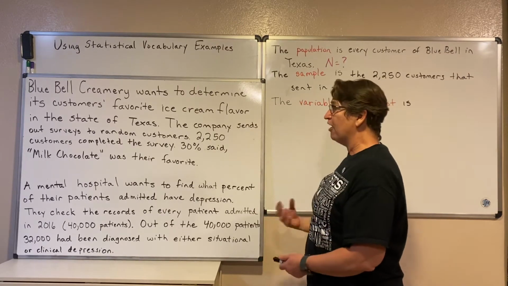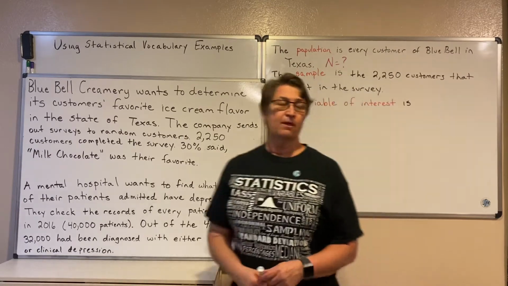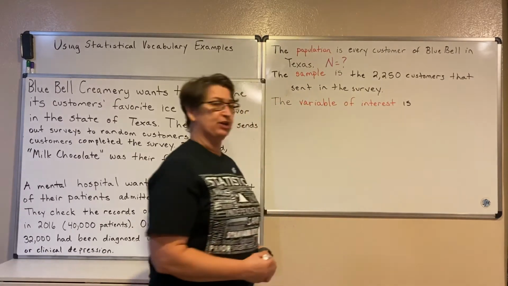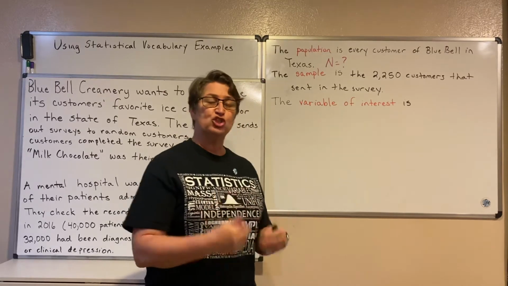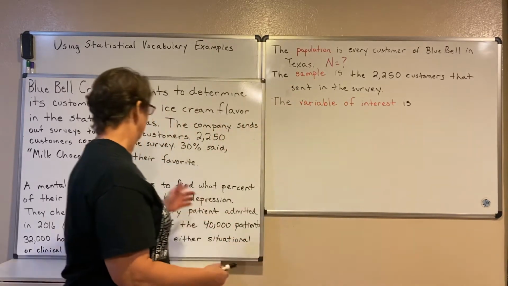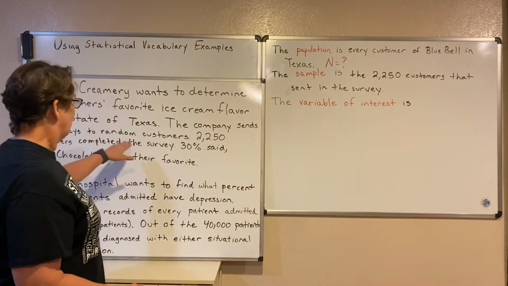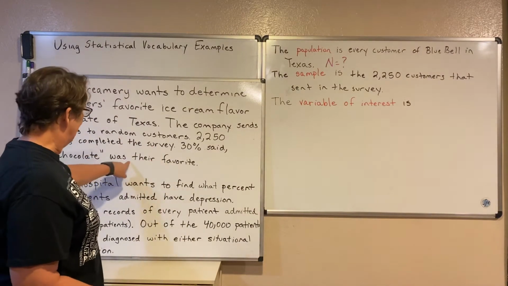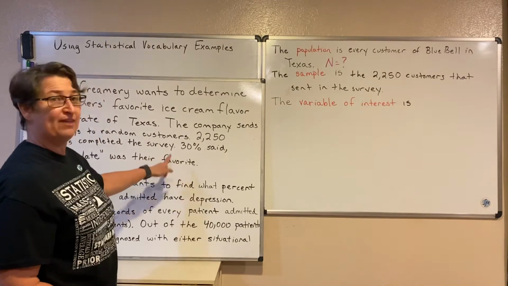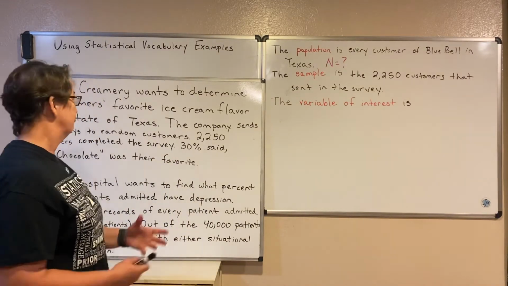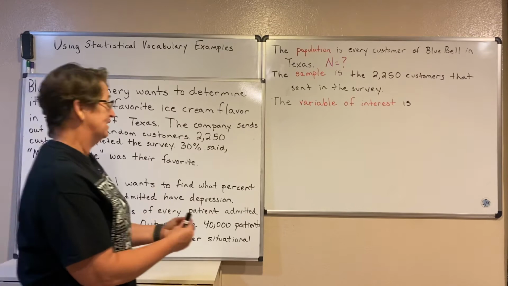Then the variable of interest here, the thing that we're collecting data on, the thing that's changing from customer to customer, is, well, what was the survey that they completed? They were telling us what their favorite flavor is. And that's what changed from customer to customer. That's the data that we're collecting.